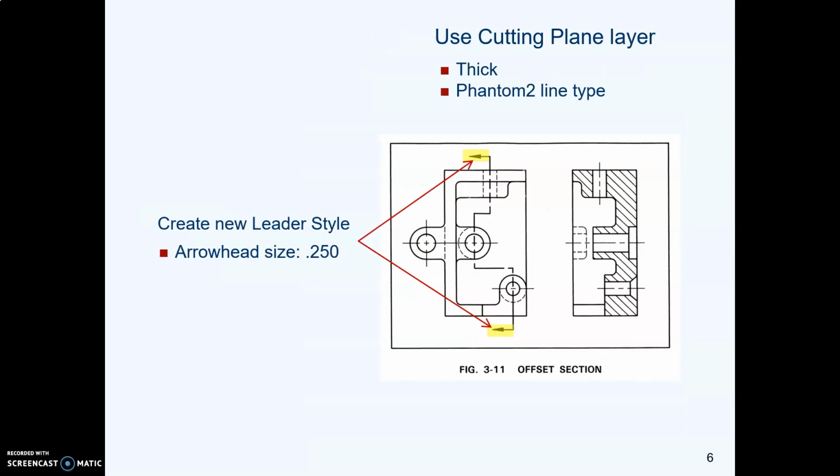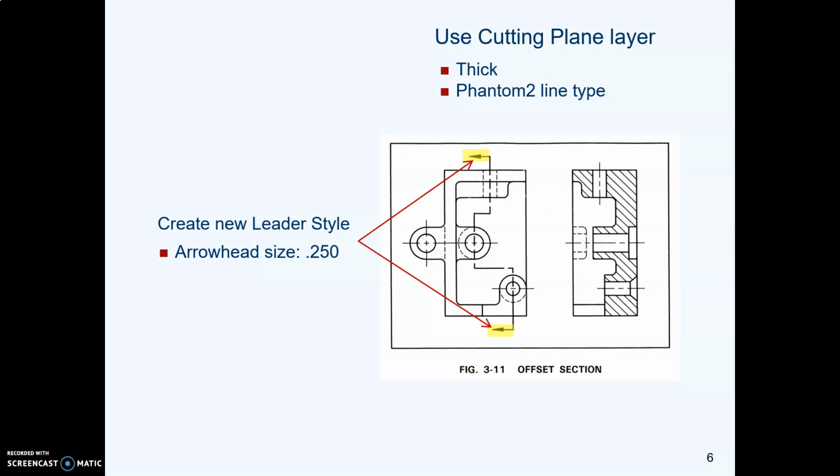Another thing you need to do when you're doing an offset section is find a way to make those arrowheads. You will recall from a couple of days ago, we looked at the ASME standards for these arrowheads, and we saw that in a cutting plane line, the arrowhead is twice as big as it is in a dimension line. In other words, the arrowheads are 1/4 of an inch long.